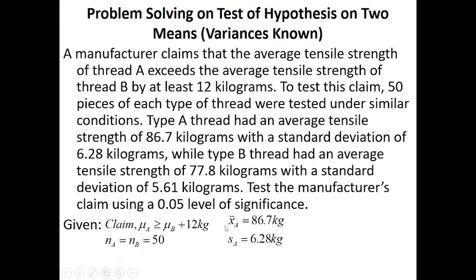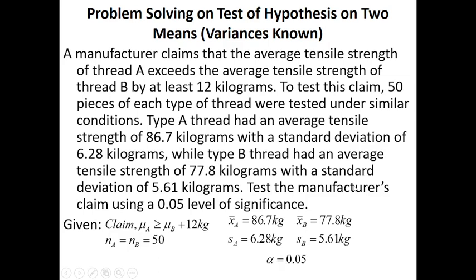Then x sub A bar equals 86.7 kilograms, with a standard deviation of 6.28 kilograms. Then x sub B bar equals 77.8 kilograms, and the standard deviation is 5.61 kilograms.